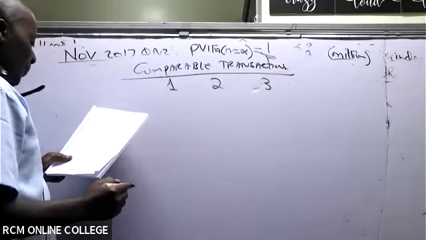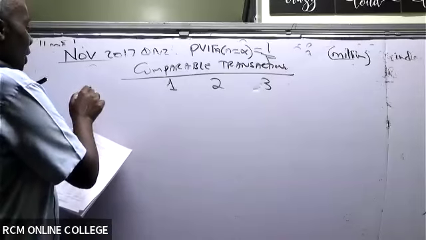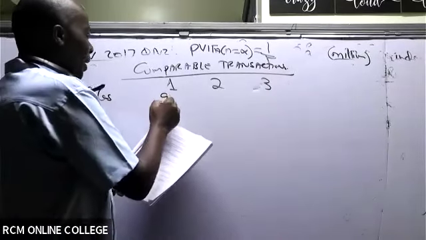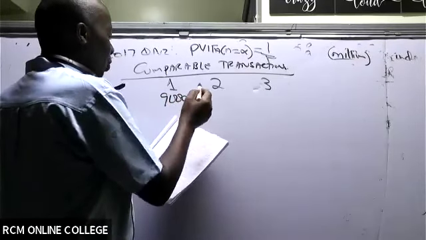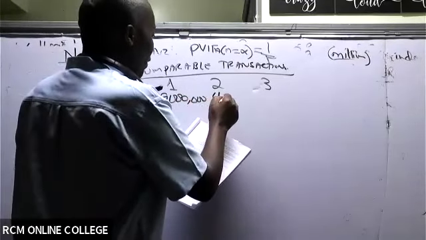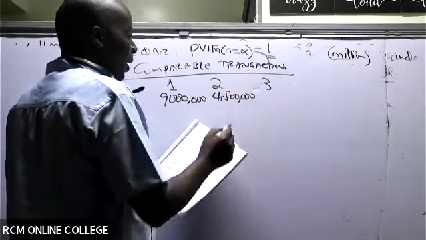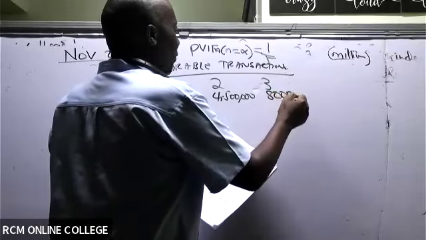We start with the sales price. The sales price is 9 million for the first, I hope you can see that row. The second one is 4.5 million. The third one is 8 million.